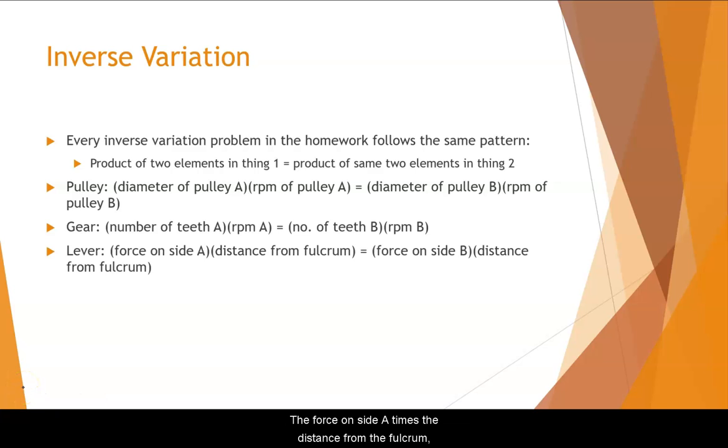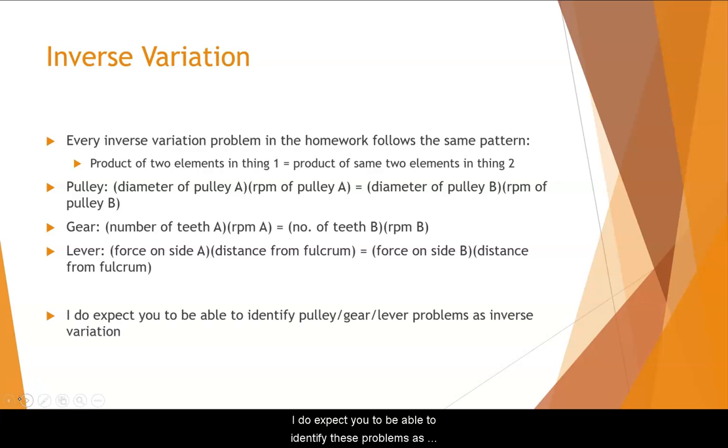The force on side A times the distance from the fulcrum or tipping point of the lever equals the force needed to be exerted on side B times the distance from that fulcrum. I do expect you to be able to identify these problems as inverse variation and to use the appropriate form, setting it up as a product, not a ratio.